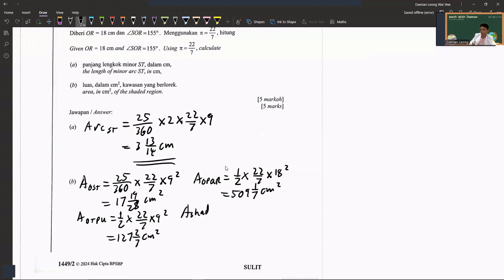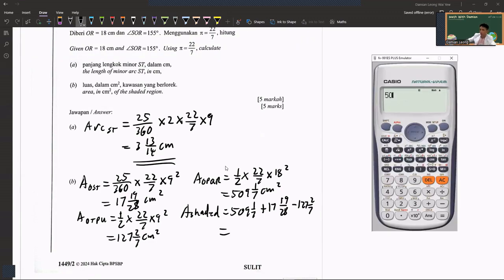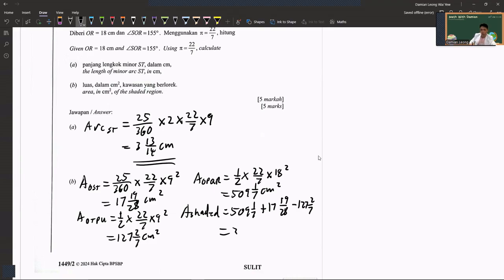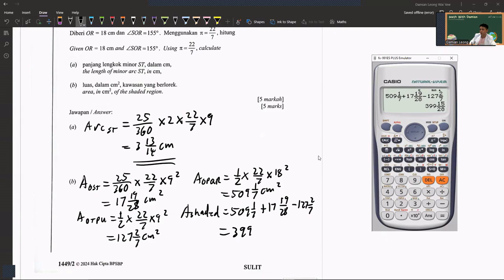Means area of the shaded region is 509 1 over 7 plus 17 19 over 28 minus 127 2 over 7. You can count all at once also, doesn't really matter. 509, make sure you know the clean mixed number, 1 over 7 plus 17 19 over 28 minus 127 2 over 7 equals 399 15 over 28.